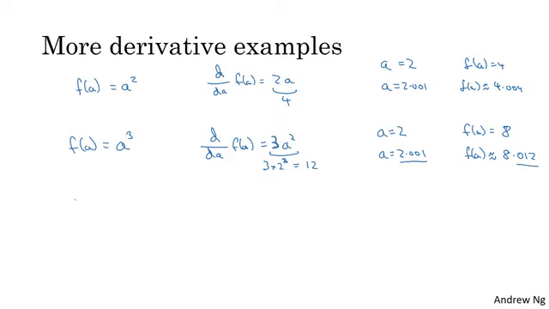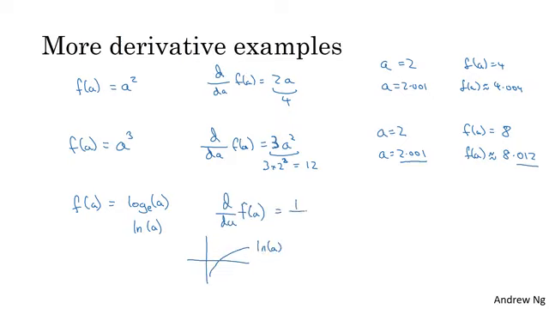Just one last example, and then we'll wrap up. Let's say that f of a is equal to the log function. I'm going to write log of a, and I'm going to use this as the base e logarithm. Some people write that as ln of a. So if you go to a calculus textbook, you find that when you take the derivative of log of a, this is a function that looks like that, the slope of this function is given by 1 over a.